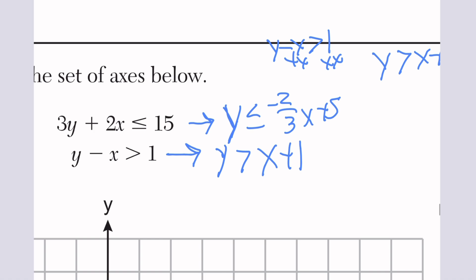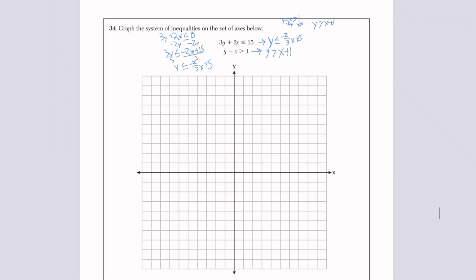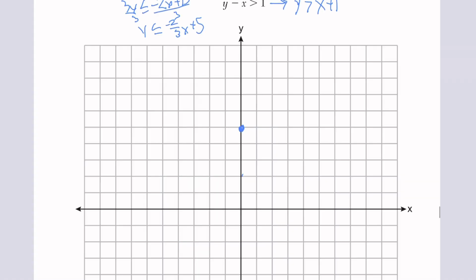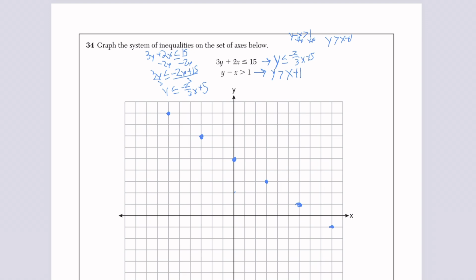So these are your systems. Now, you can go into your calculator and just graph it first. I'm going to do the first one. You don't technically need a calculator for this because you could just use a slope, but you can do it just to check your work.